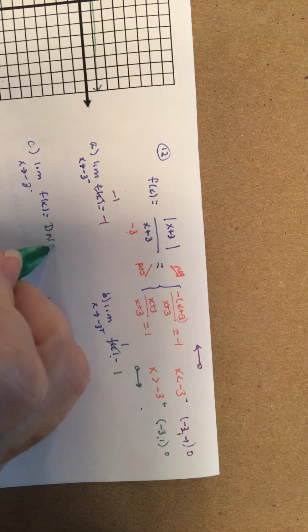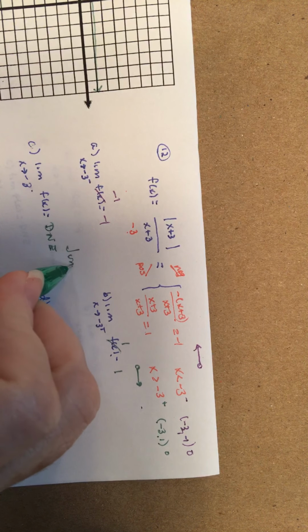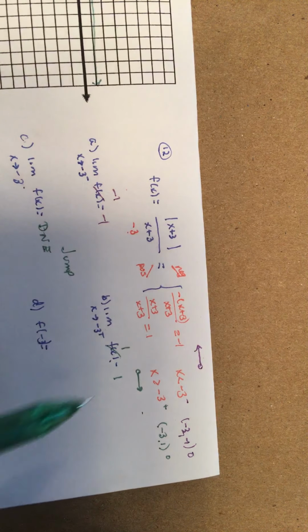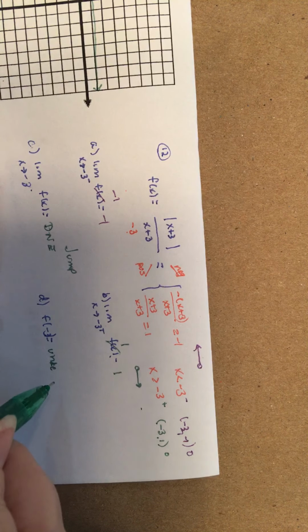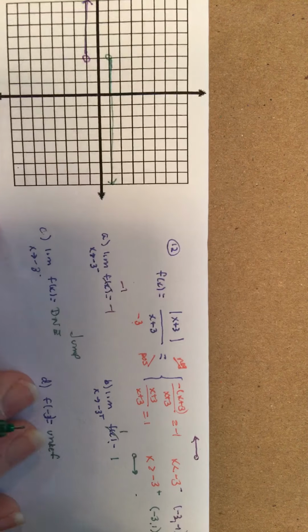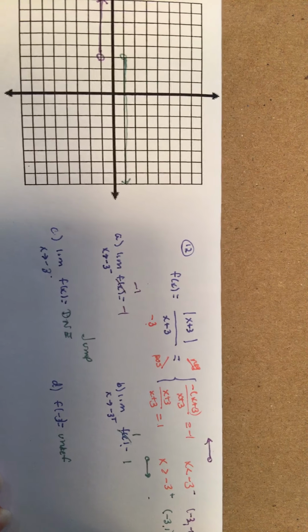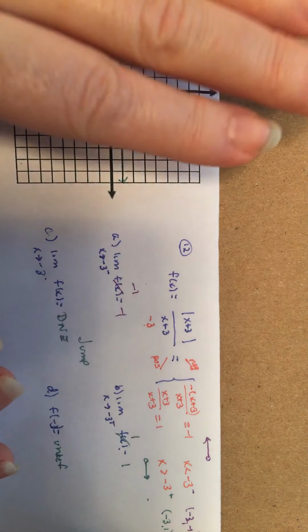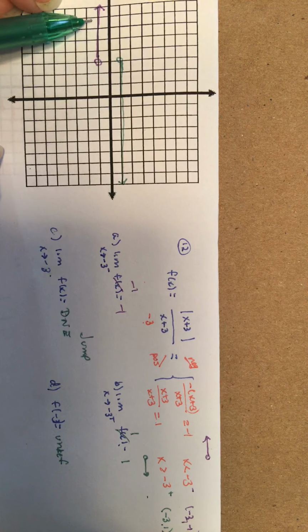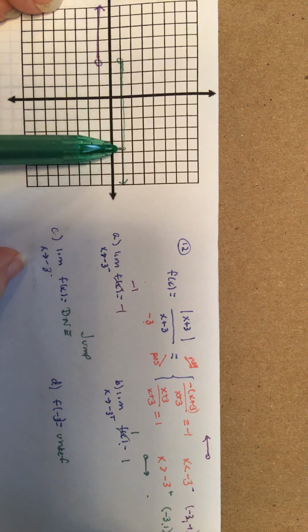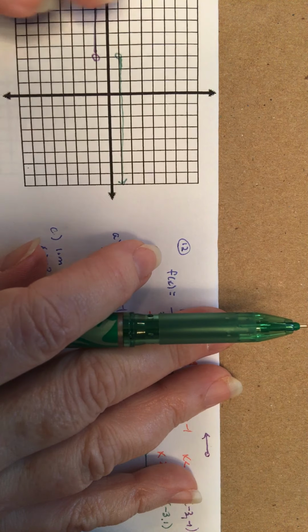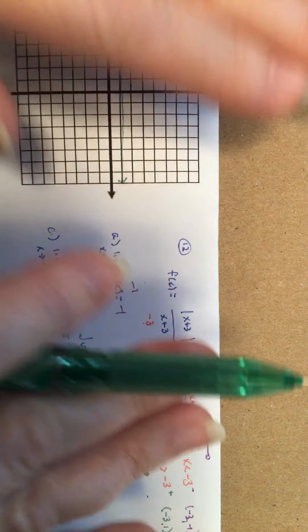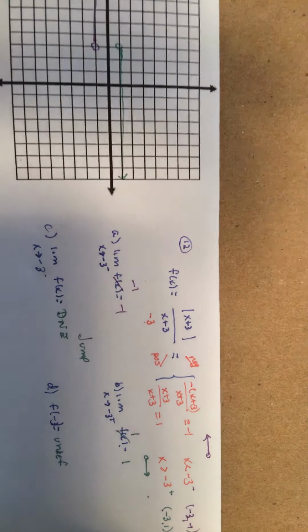They're not equal, so it's D and E, and it's a jump. And no, there is absolutely no function value because you can't divide by 0. So it's undefined. And so, analytically, graphically, as I approach from the left, -1, approach from the right, +1. You've done these separately. You've looked at graphs and answered them. And again, we're putting these together now.